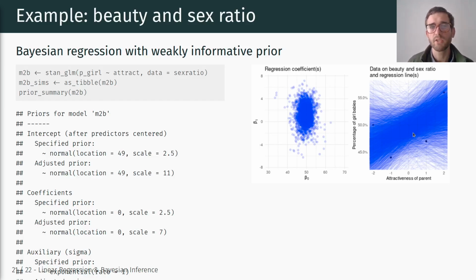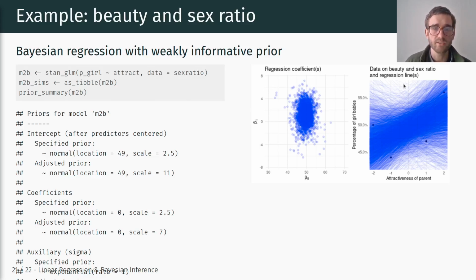Well, if we think about this as a prediction task, where we now want to predict the probability of a child being a girl for parents with a given attractiveness score, using this model with that inferential uncertainty overstates the uncertainty around our predictions, and will ultimately lead to very low quality predictions.